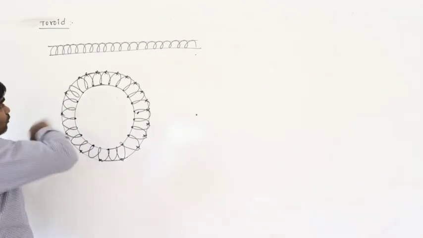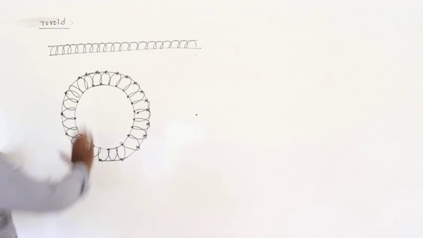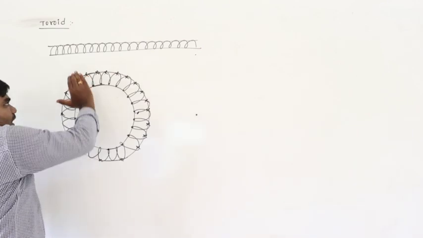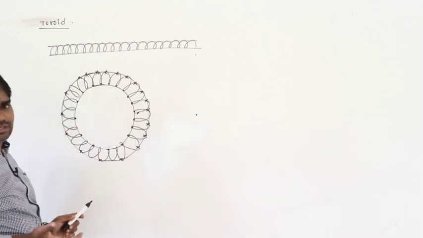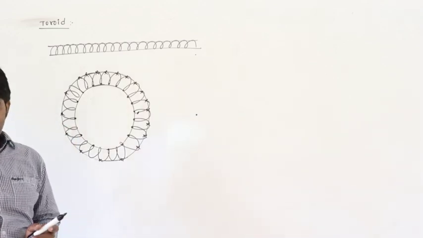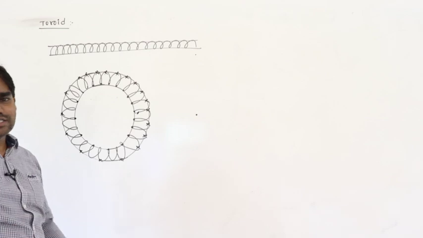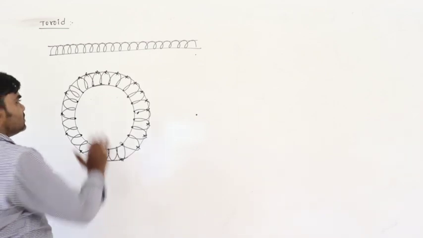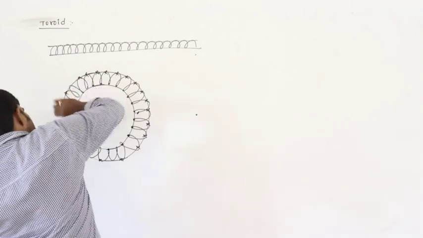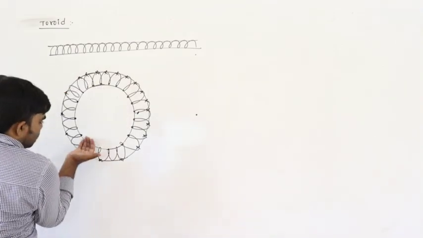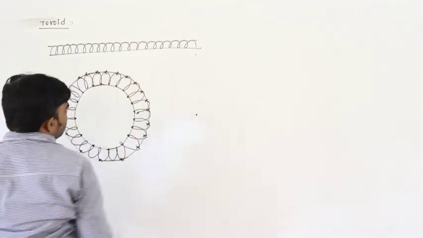So then what is the direction of the magnetic field? The current is inwards and outwards; curling of the fingers, the same situation. Curling of the fingers indicates the direction of the current, and the thumb indicates the direction of the magnetic field. See here, this is the curling of the fingers and this is the thumb. In each and every situation, the thumb indicates the direction of the magnetic field.